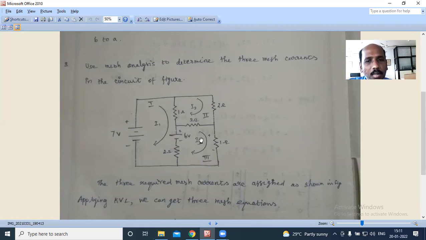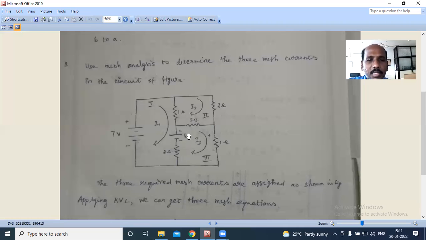I3 current flows from the positive terminal, through the 3 ohm resistor, 1 ohm resistor, 2 ohm resistor, and enters the negative terminal. Starting from the positive terminal, the positive terminal is supplying the current as per the third mesh. So with respect to the third mesh, the potential rises. So +6 for this one.